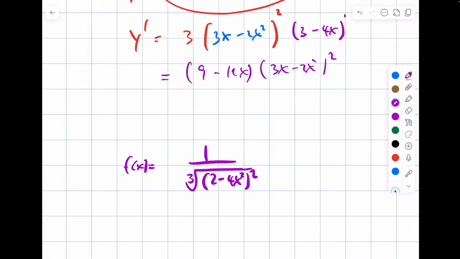You've got to think about algebra rules.